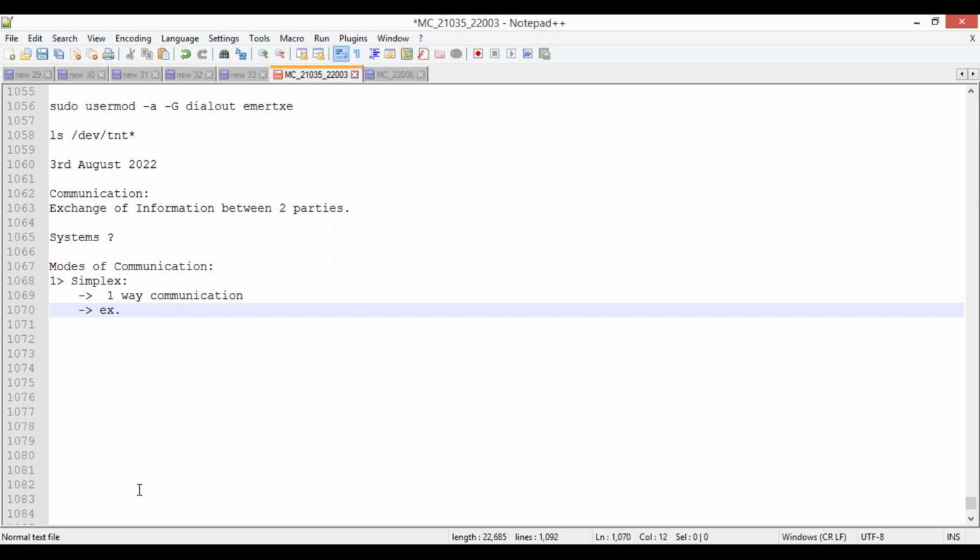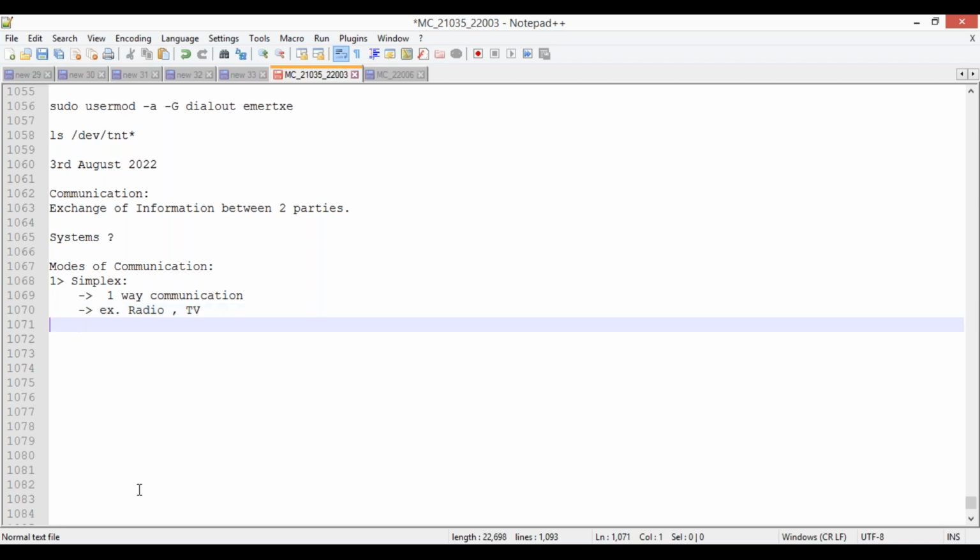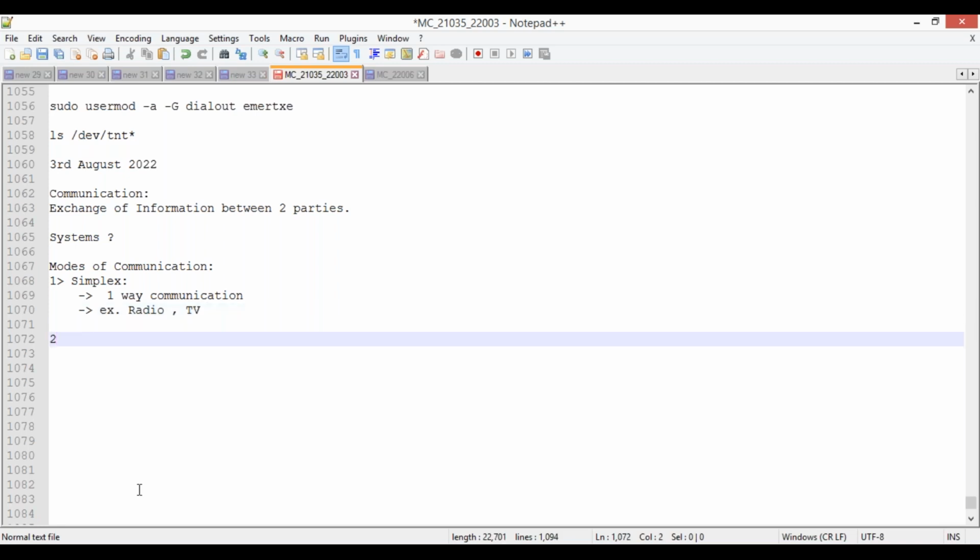Simple, people. You can go with broadcasting, whatever happens on TV, or you can take the example of radio or TV. Whenever any broadcasting is happening on radio or TV, it is just one-way communication, right? We are just listening to that. Yes or no? Fine. So this is about simplex communication.